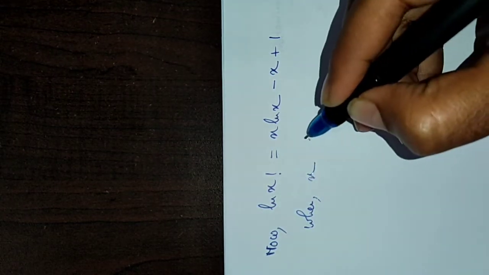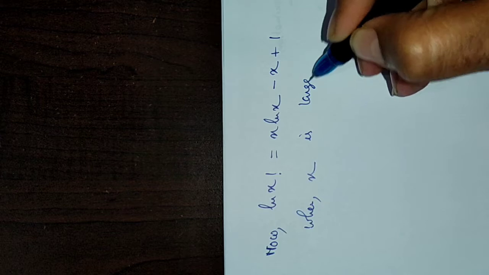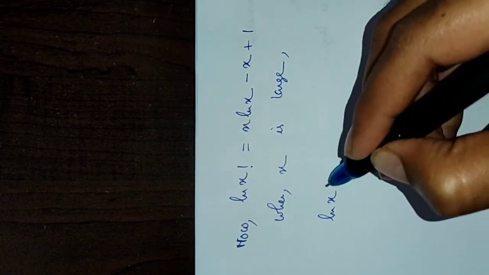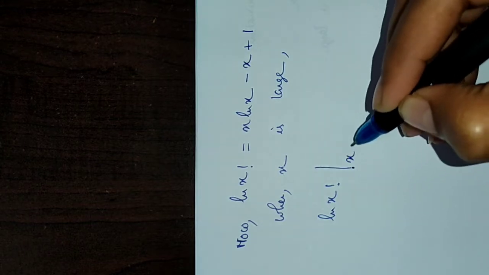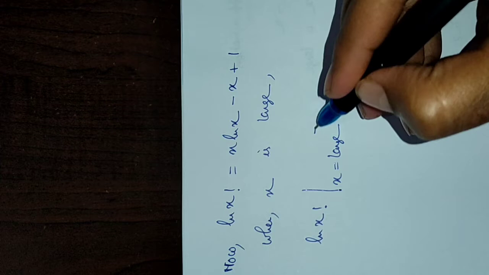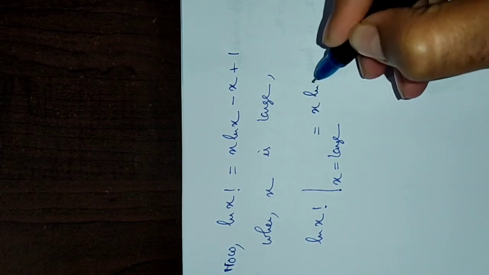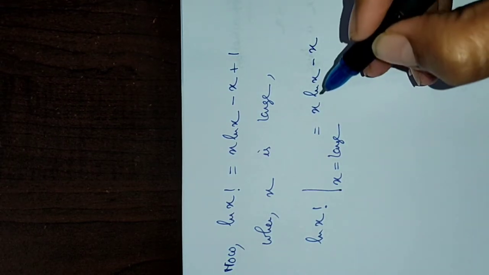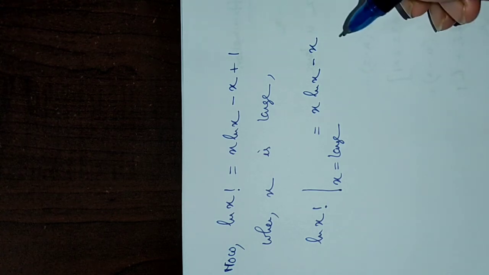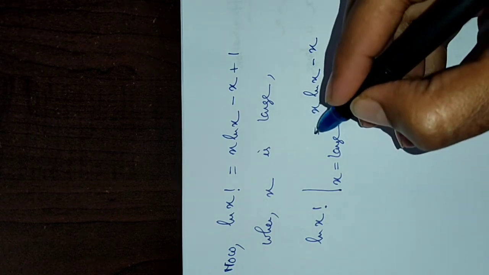When x is large, here we have x, here we have x, so we can ignore 1 to a good approximation. So we can write here almost equal to.